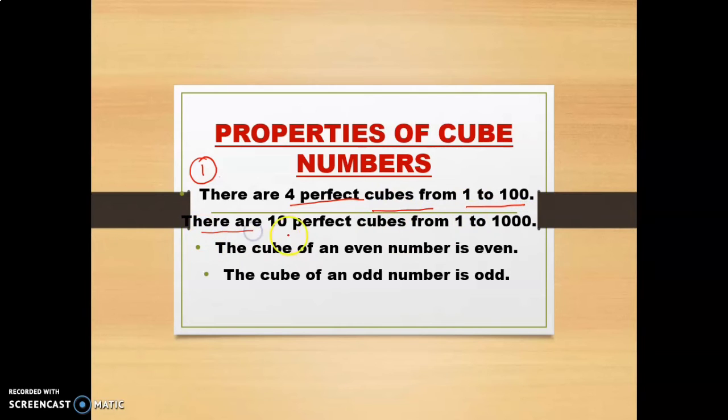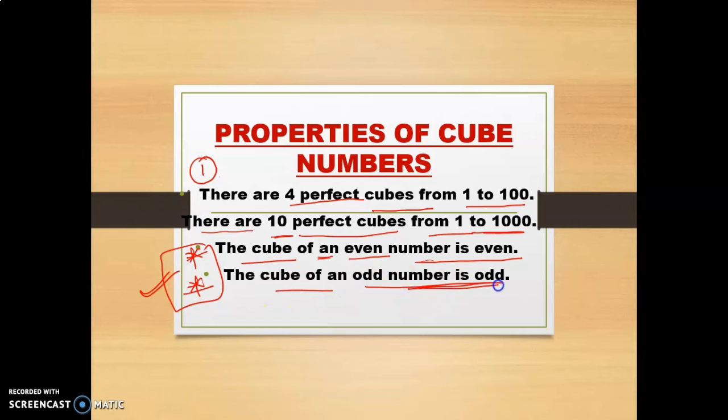Second property: there are 10 perfect cubes from 1 to 1000. Can you see these two important points? The cube of an even number is always even, and the cube of an odd number is always odd.